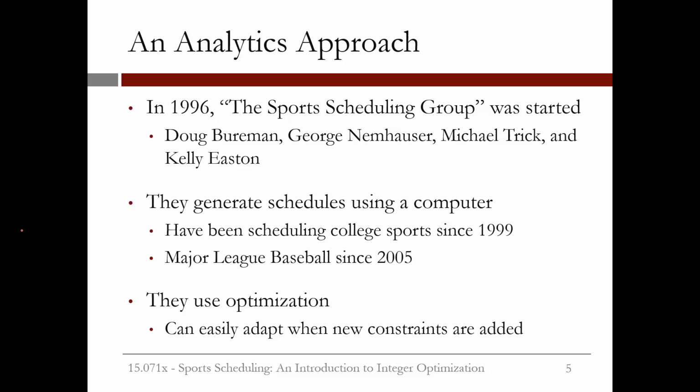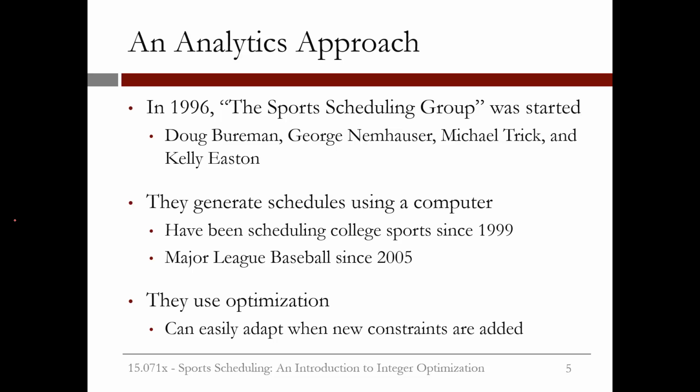Recognizing how difficult it was to construct sports schedules by hand, in 1996, a company called the Sports Scheduling Group was started. The founders were Doug Bierman, a former baseball vice president, and 3 academics, George Nemhauser, Michael Trick, and Kelly Easton. Instead of generating sports schedules by hand, they use a computer.